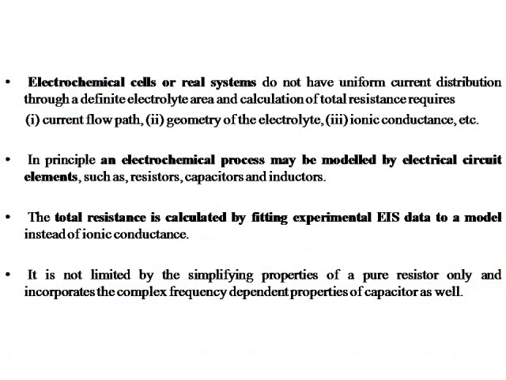Electrochemical cells or real systems are far more complicated, as these do not have uniform current distribution through a definite electrolyte area, and calculation of total resistance requires first the current flow path, second the geometry of the electrolyte, and third the ionic conductance, etc. The total resistance is calculated by fitting experimental EIS data to a model instead of ionic conductance.